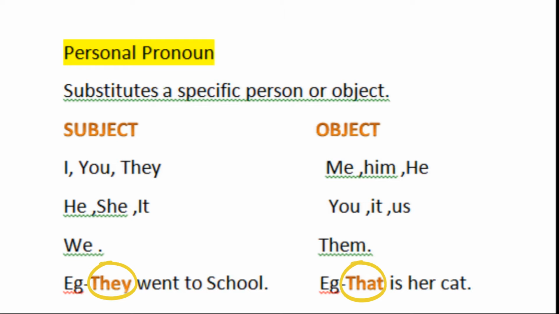Here, they is the subjective pronoun. When substituting the object, we use me, him, her, you, it, us. For example, that is her car. Here, the word her is the objective pronoun.